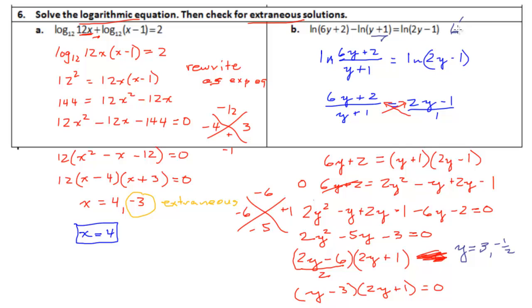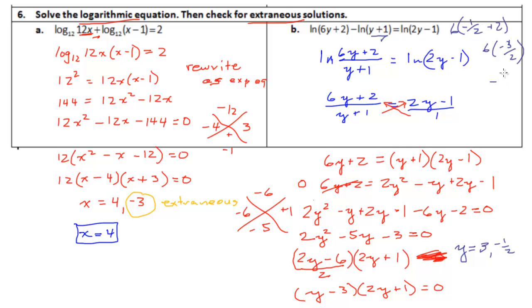6 times negative 1/2 plus 2 is going to be 6 times negative 1, negative 3/2. 2 minus 1/2, or 4/2, it's negative 3/2.